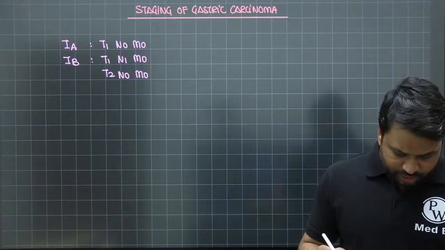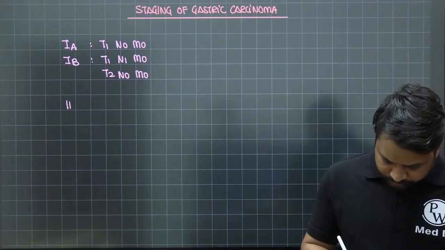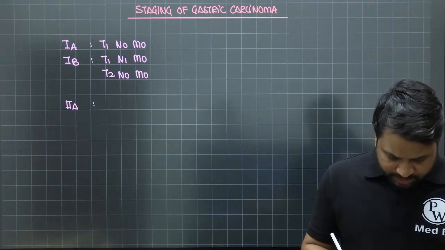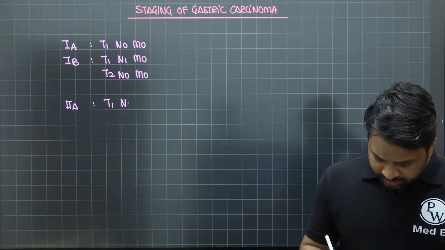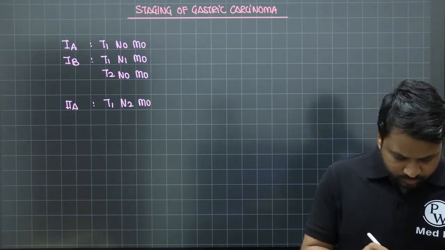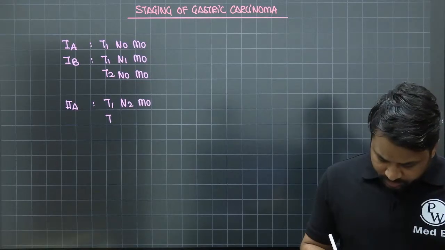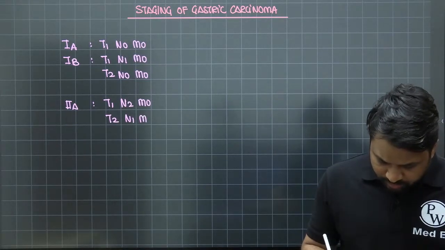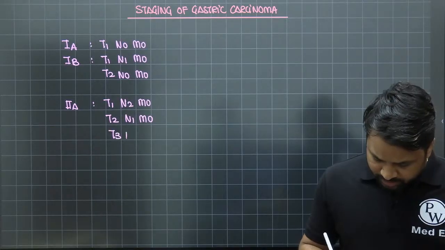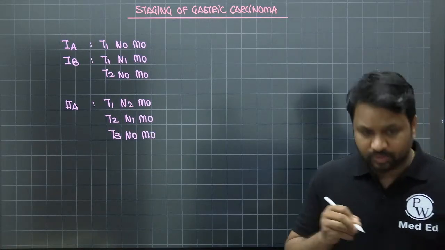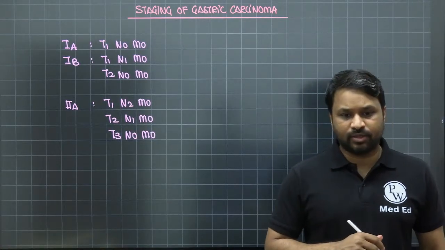Now when you have stage 2A, for stage 2A, you have T1 N2 M0, you have T2 N1 M0, or T3 N0 M0.